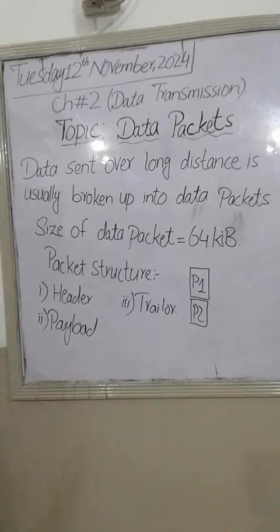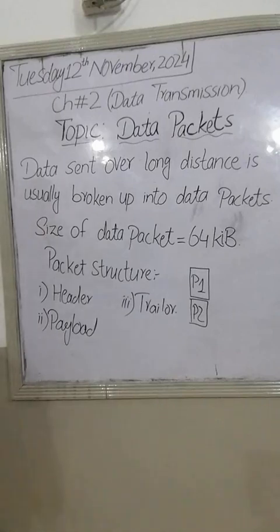When they reach their destination, for example, if packet 5 reaches first and packet 1 reaches at the end, the destination router will reassemble those packets into the proper form, and then it will be delivered to the person on their mobile phone or laptop, whatever device they are using, right?